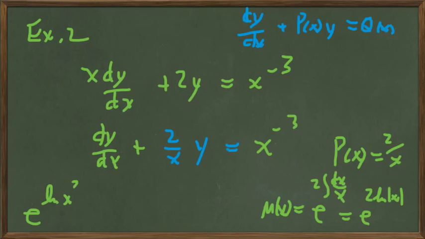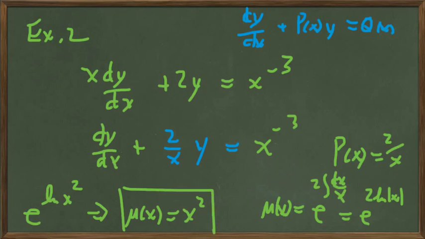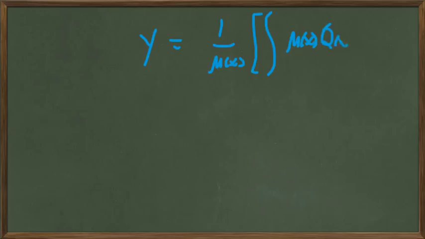We don't need the absolute value because it's squared, so already positive. So mu of x is just x squared. Right? And then the form of the solution is y equals 1 over mu of x integral of mu of x q of x dx plus c.